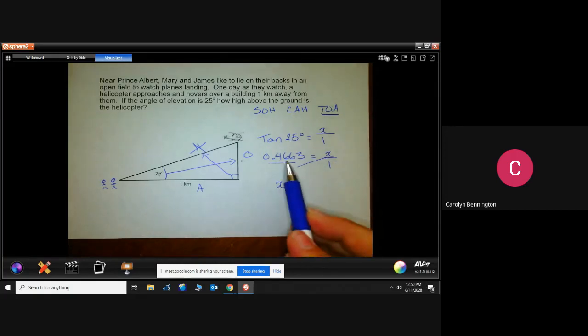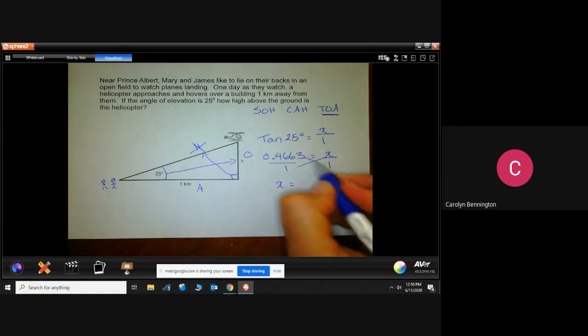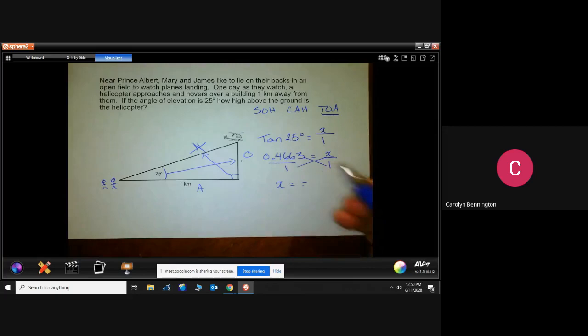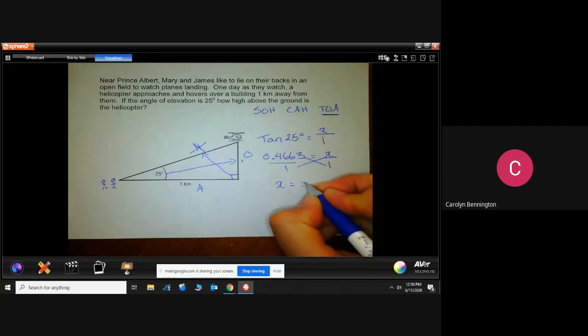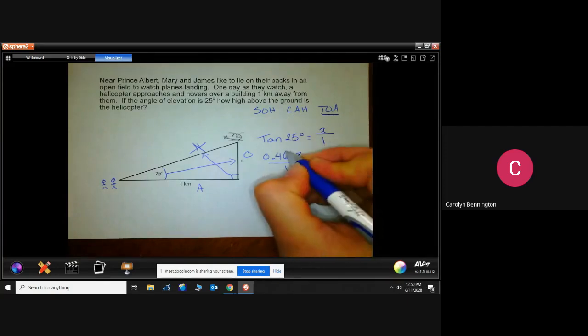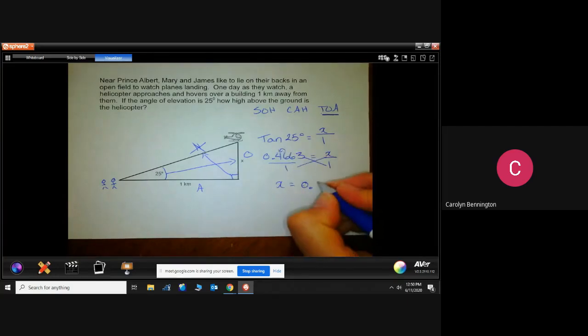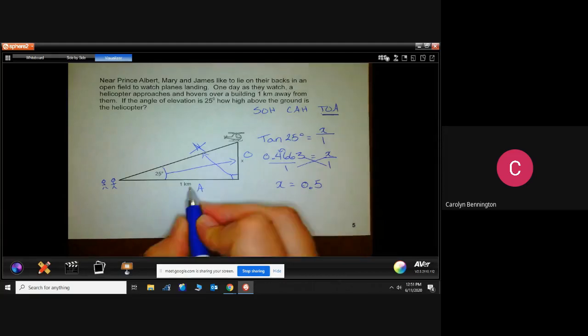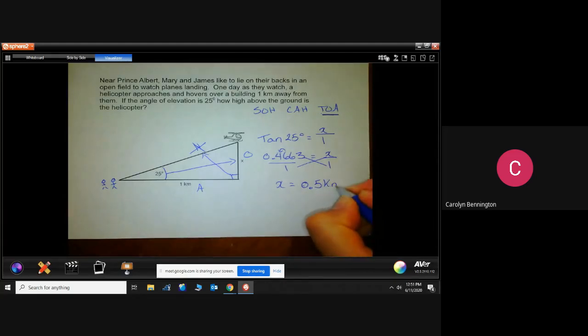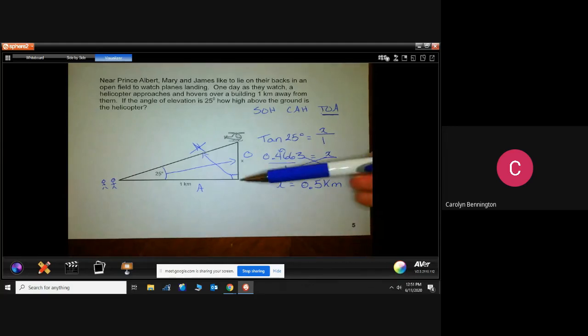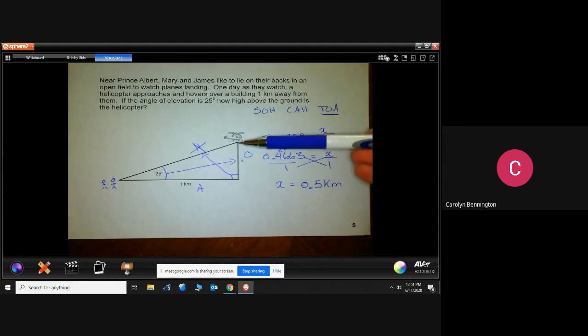And then 0.4663 times 1 is going to be 0.4663. But we're going to round this to 1 decimal place. So we will get 0. The 6 is going to bump the 4 up to a 5. So 0.5 kilometers. So that tells us that the helicopter is half a kilometer above the ground.